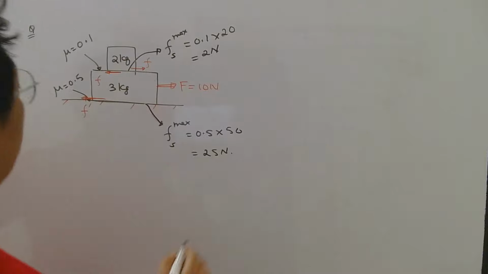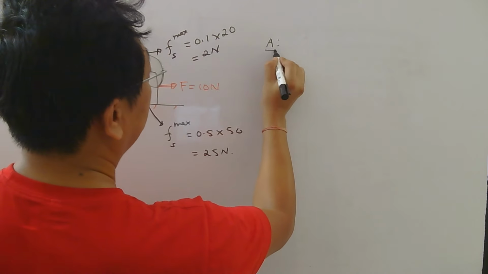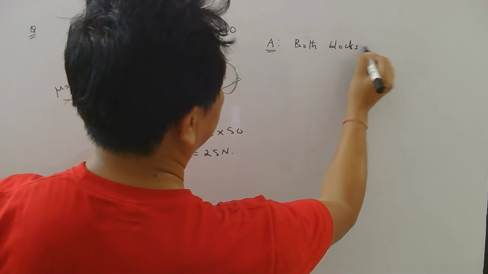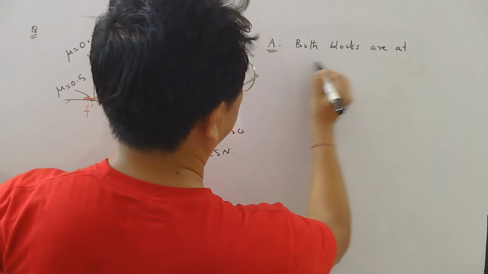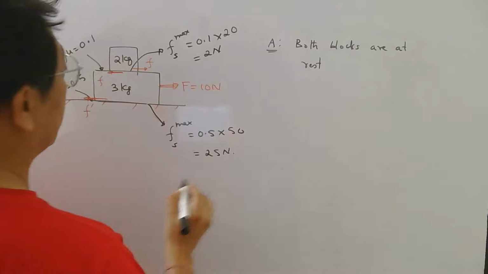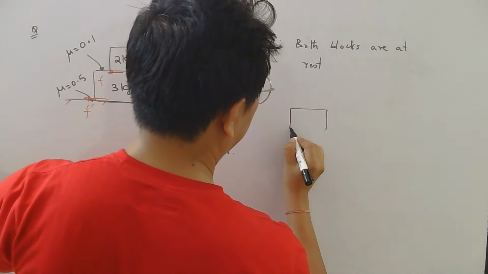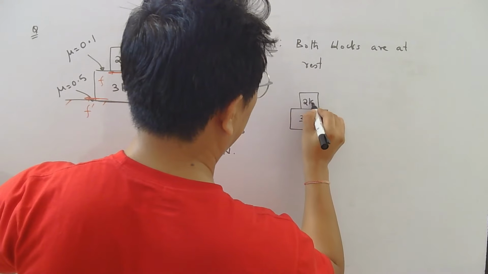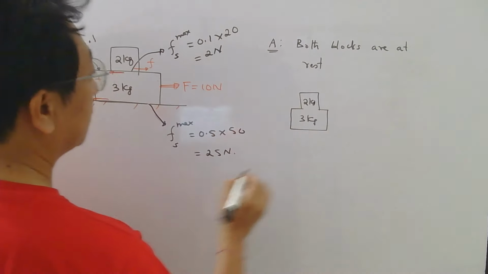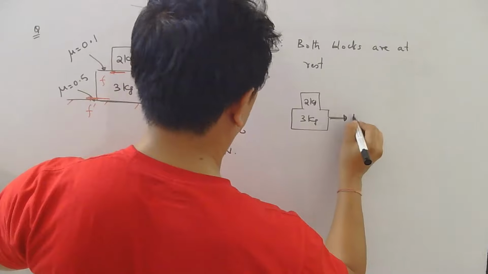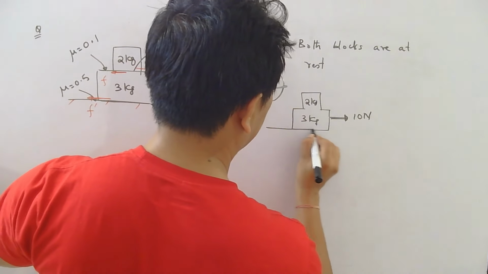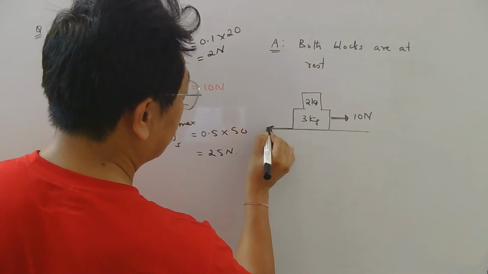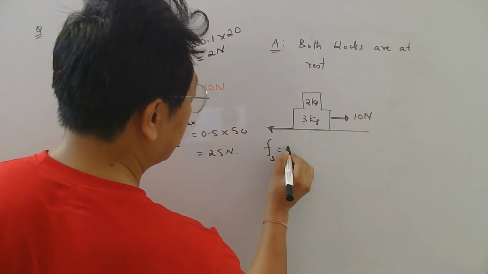So let's start checking now. So first assumption, like before, we will assume both blocks are at rest. So for 3 kg and 2 kg, I will take together as system. So here you can see 10 Newton is acting, and to keep the system at rest, I need friction here, which is also 10 Newton.